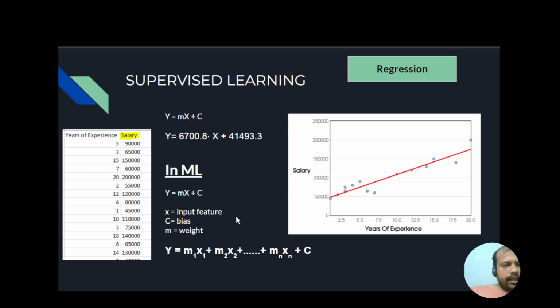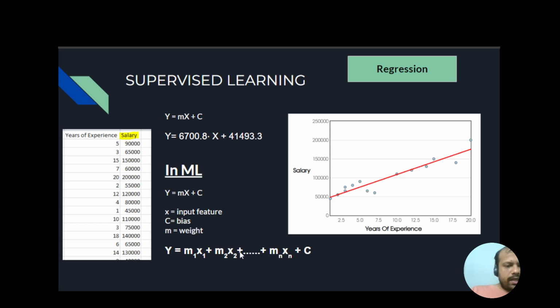And in real time, it will not be just y is equal to mx plus c. Salary will not depend only on years of experience. You will have thousands of features on which your salary might depend, right? Since it is linear regression, it will be a linear line. Something like what you are seeing at the bottom: m1x1 plus m2x2 till mnxn plus c.